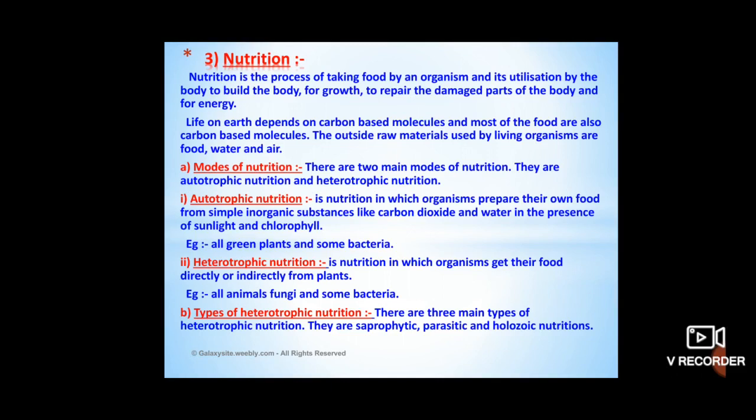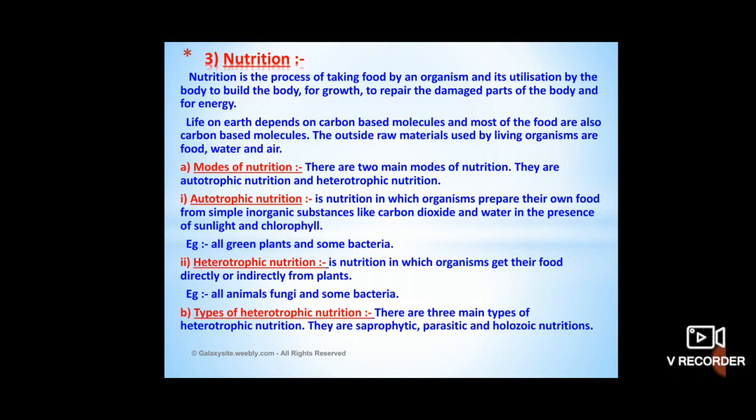In simple words, autotrophic nutrition is when the organism has the capacity to prepare its own food by the process of photosynthesis. The best example of autotrophic nutrition is all the green plants. All the green plants come under the autotrophic mode of nutrition. Hope you understand, children.